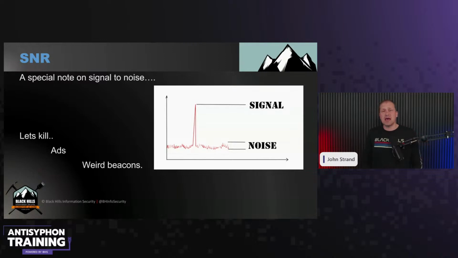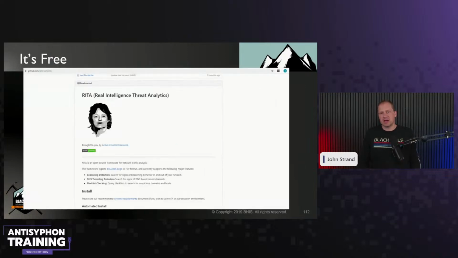One of the things you should say is, hey, let's kill ads, because that would be a good idea. Ads generate a tremendous amount of noise in your environment, and they also create a lot of network traffic you don't want. It's also a really good attack vector, especially for nation state level adversaries. So this helps clean that signal to noise ratio up as much as possible.